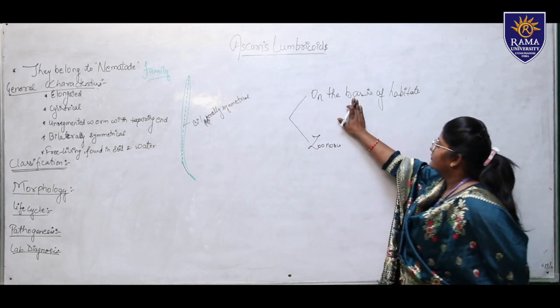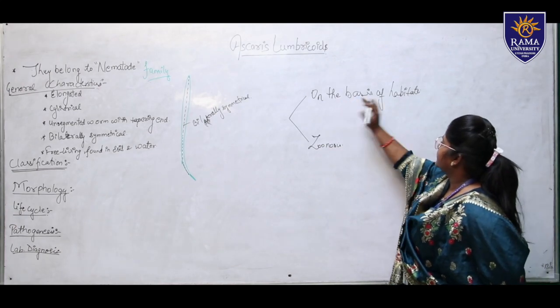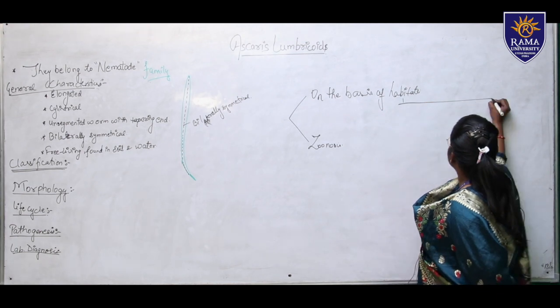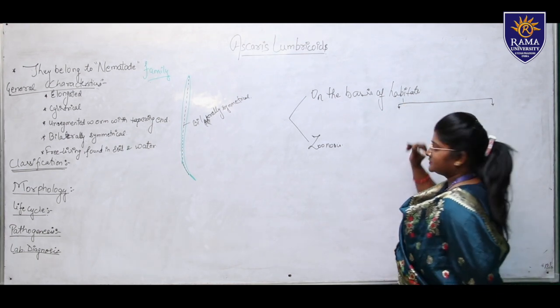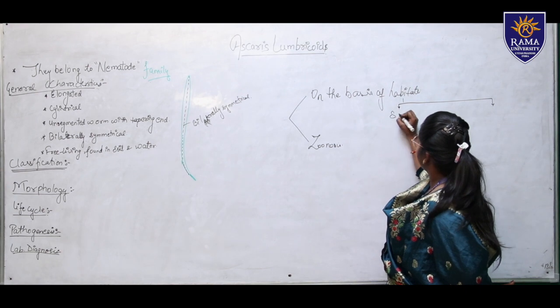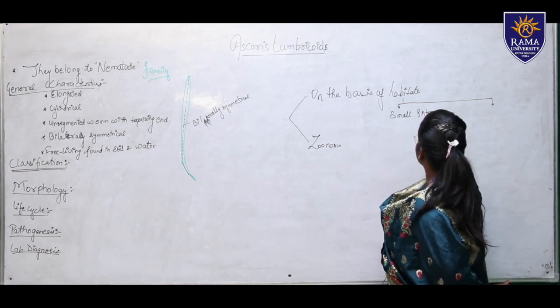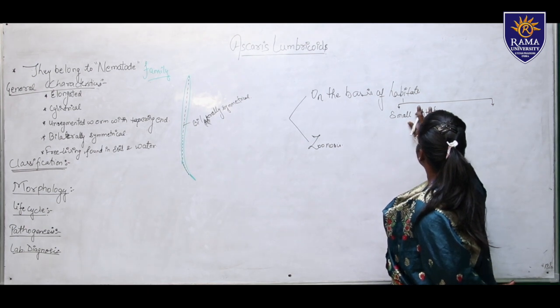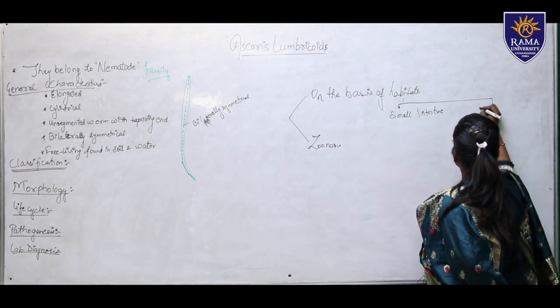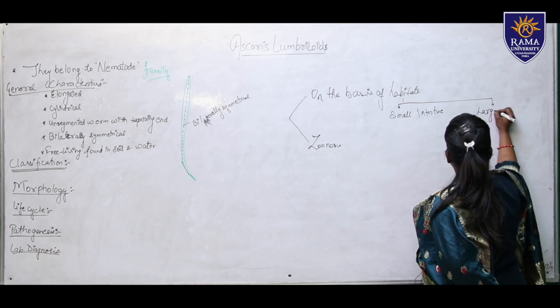The habitat is usually divided into two parts, that is small intestine and large intestine.